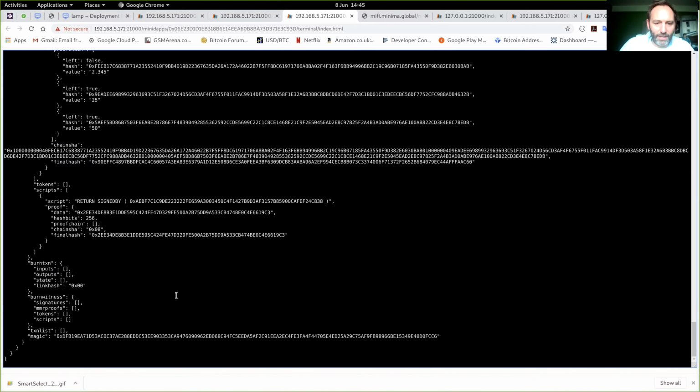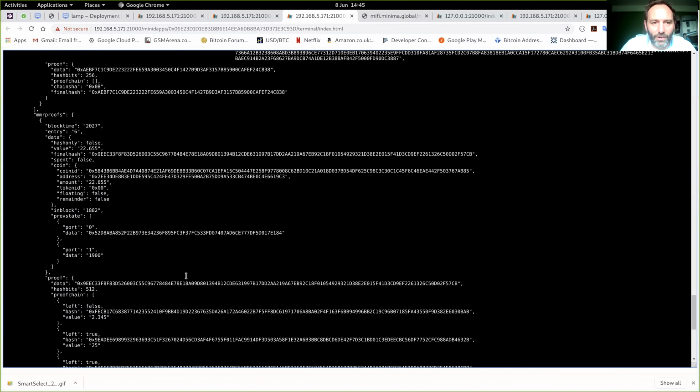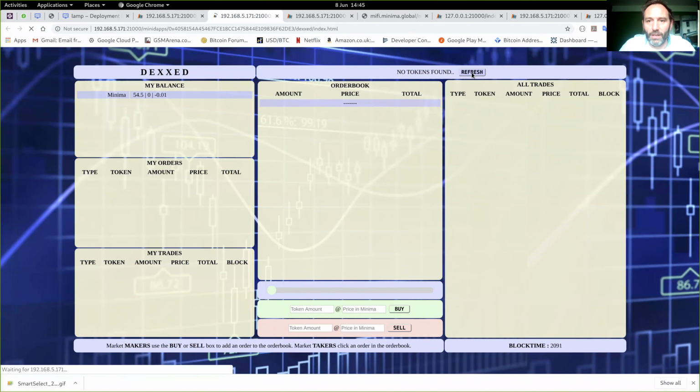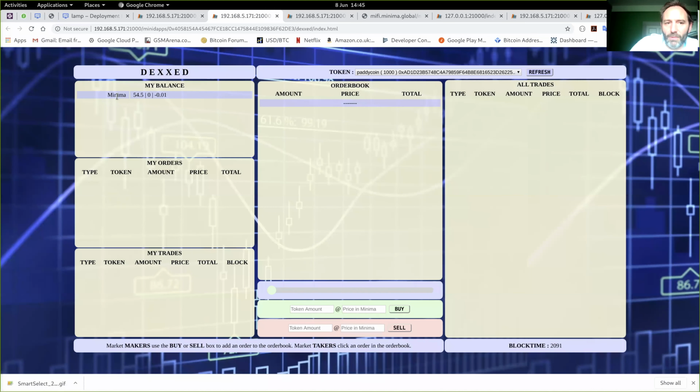So yes, your balance has changed. I've now created a token called Paddy, and I've done 1,000 units. Let's see if it's there. Paddy coin. Woohoo. You can see in my Minima balance that it costs you some Minima. So tokens in Minima are colored coins. You can divide up a small amount of Minima and color it a certain color.